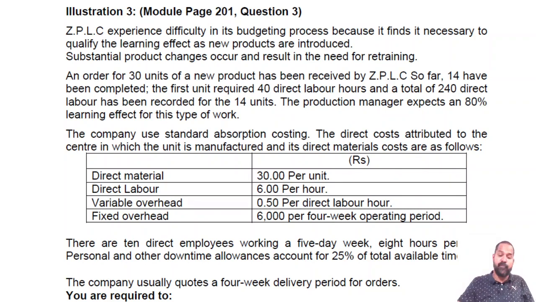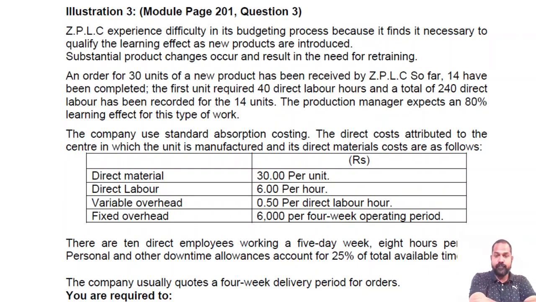And because this product follows a learning curve effect, they are not able to exactly estimate the time it will require to produce a certain number of units, because of which budgeting is becoming a problem. But my question to you is, how do you know that there is learning curve effect because of which it is becoming a problem to budget?